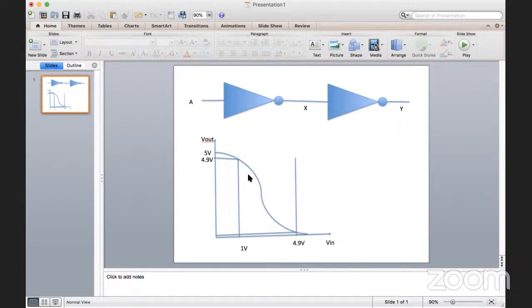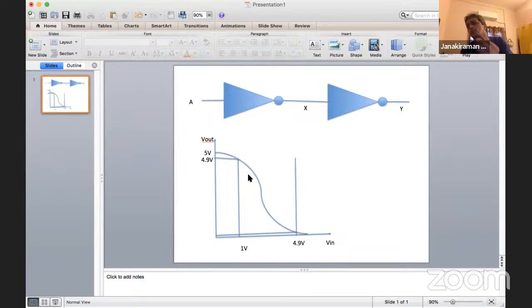The Y graph will cut the A graph at some point, sir, at the middle. Why don't each of you draw it on paper and take a photo and show me? I want you to draw the original transfer characteristic, and on the same graph, draw Y versus A.